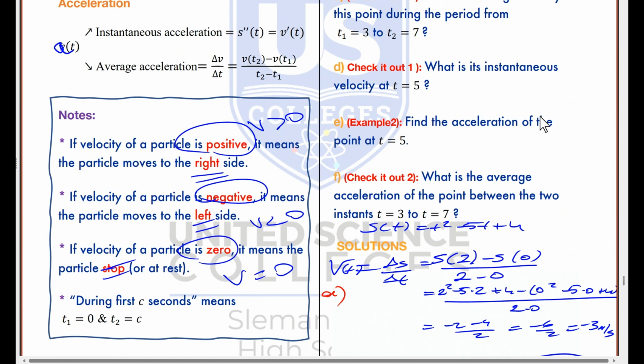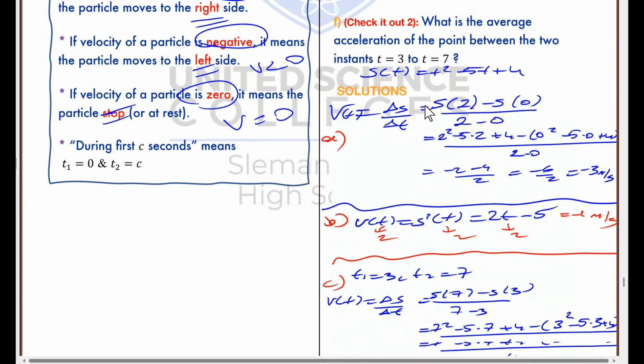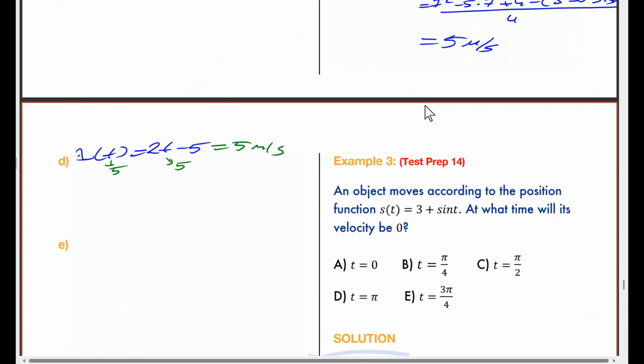Part E, find acceleration. It doesn't say average or instantaneous. So we're just going to take derivative of velocity to find acceleration since it doesn't mention average. So at t equal to 5, we are going to find instantaneous acceleration. So what is acceleration?